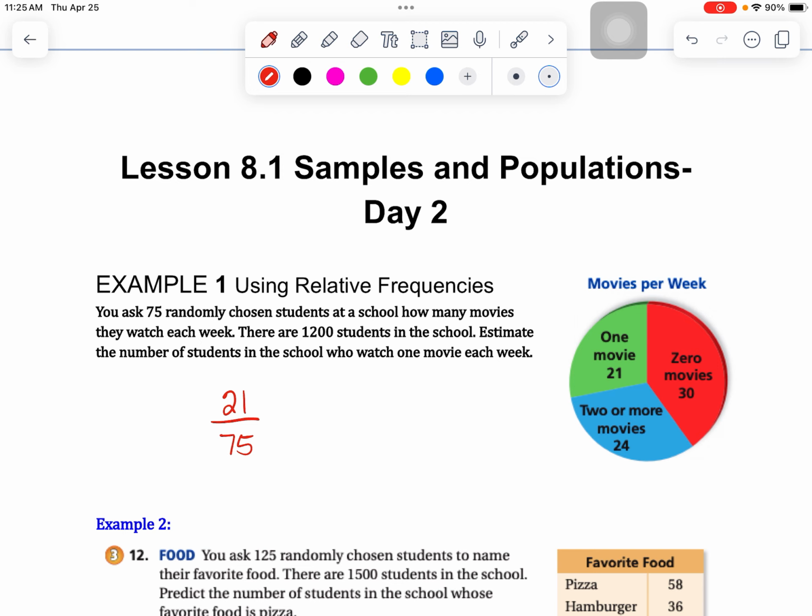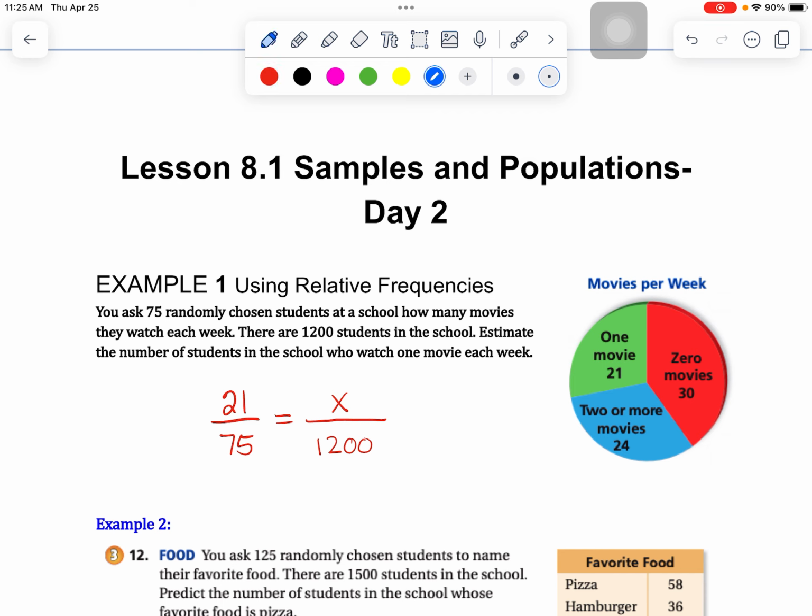So part over whole. On the other side of our proportion, I am going to use the 1,200 students in the school, so I'm going to use that population. So the total is going to go in the denominator, and then my unknown is in the numerator. Now I have a proportion set up, and to solve a proportion, we can cross multiply.